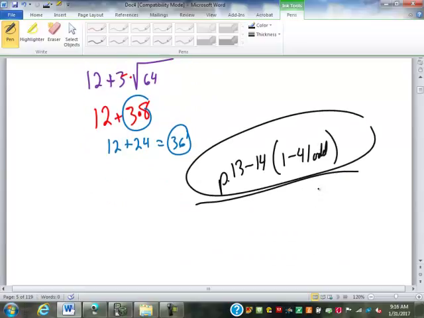For example, give me a number between 20 and 50. 25. If you do 25 divided by 7, that's going to be 3.57142857143 approximately.